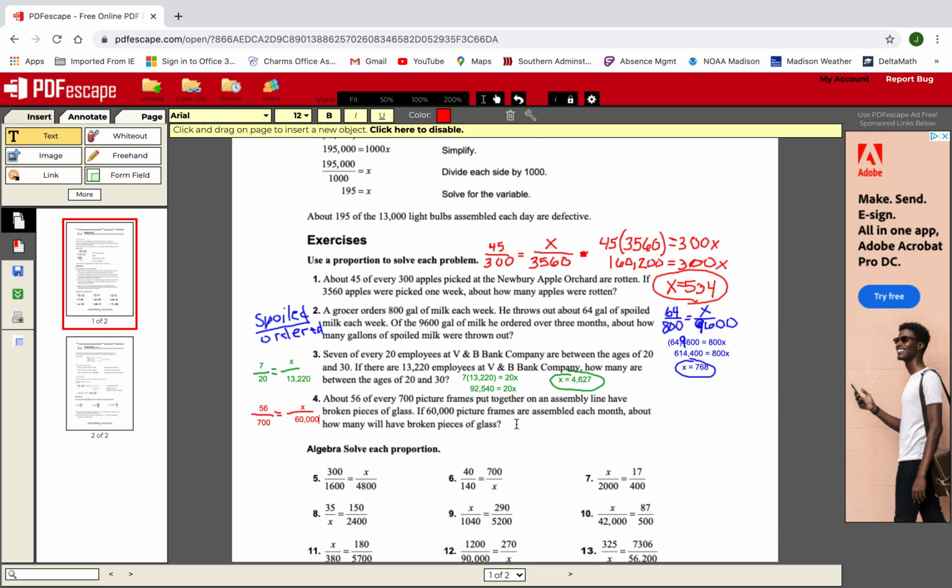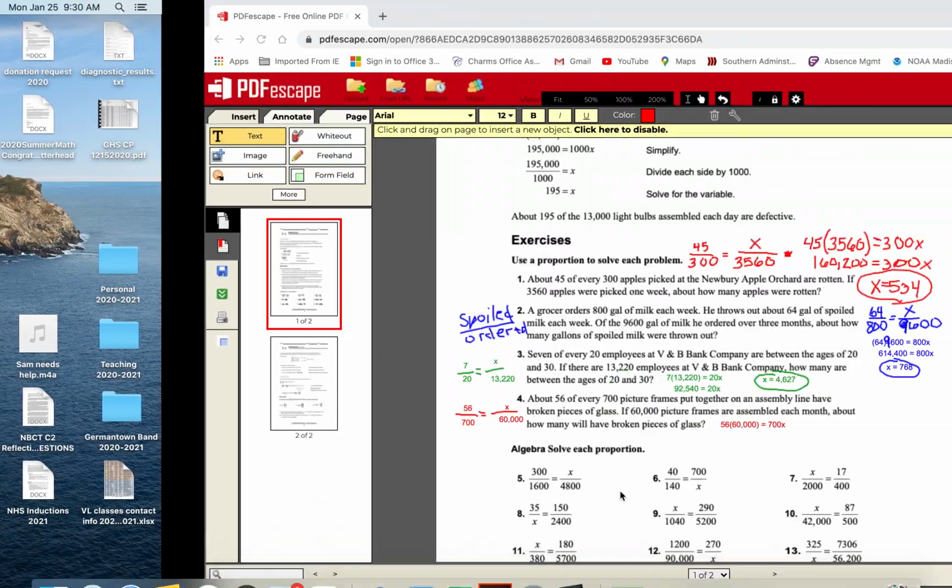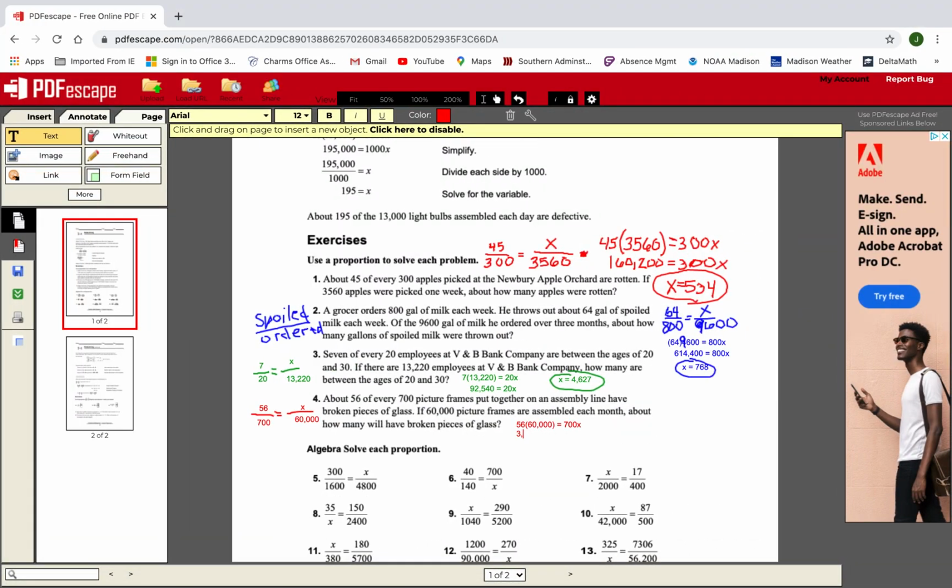Okay, so to work this, we have 56 times 60,000 equals 700x. 56 times 60,000 is 3,360,000 equals 700x.